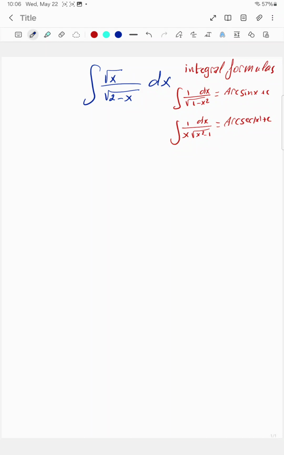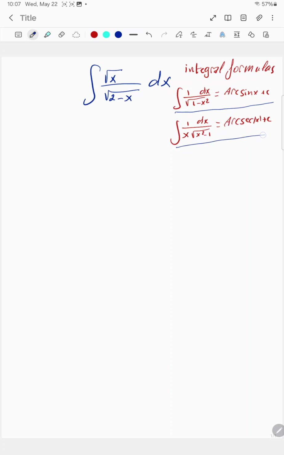In this video, we'll try to solve this integral: square root of x divided by square root of 2 minus x dx. If I look at that problem, it looks very difficult to solve. So what I usually do is go to my integral formulas, and I see there are two formulas that have a square root in the denominator.